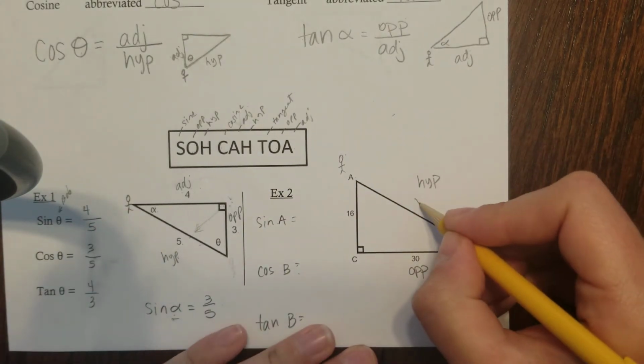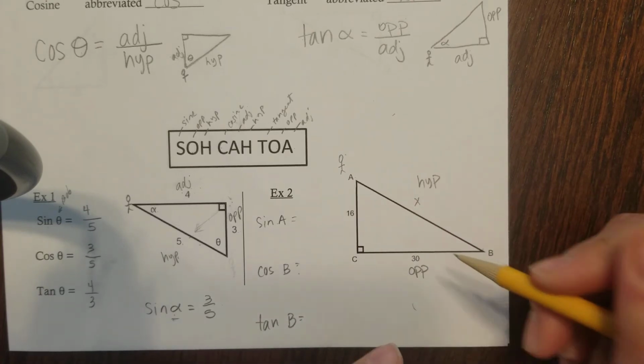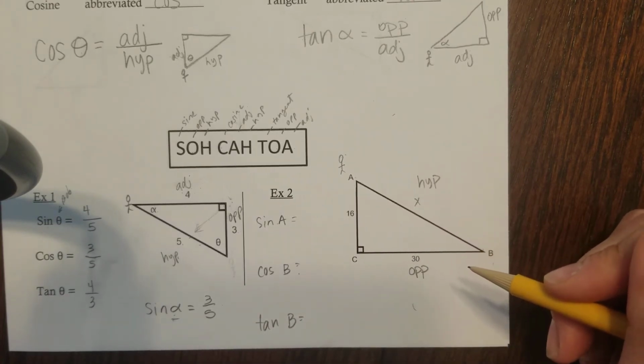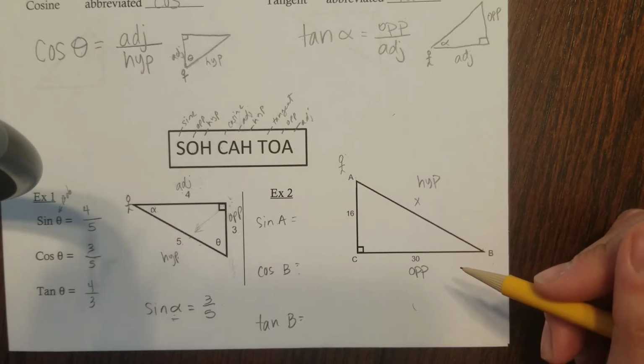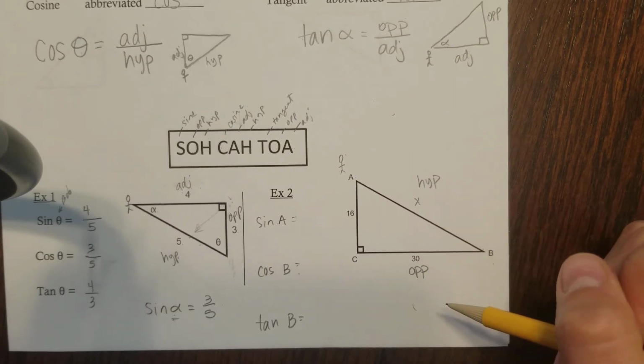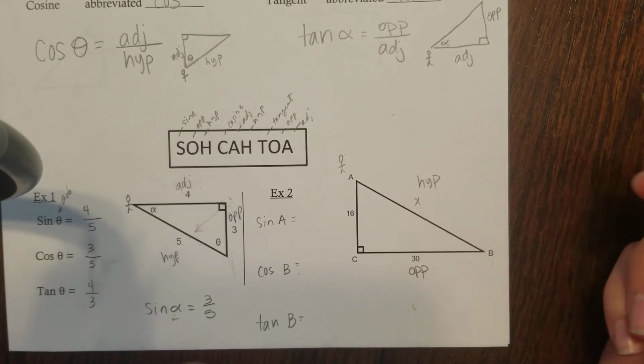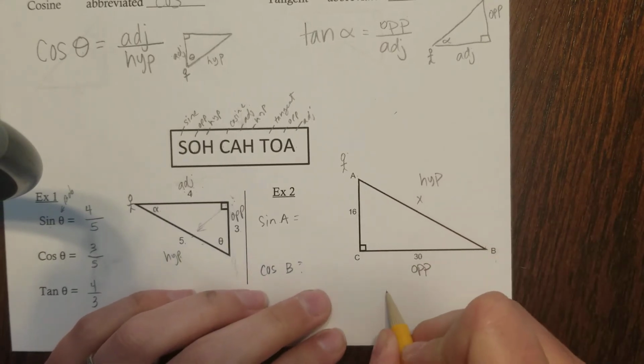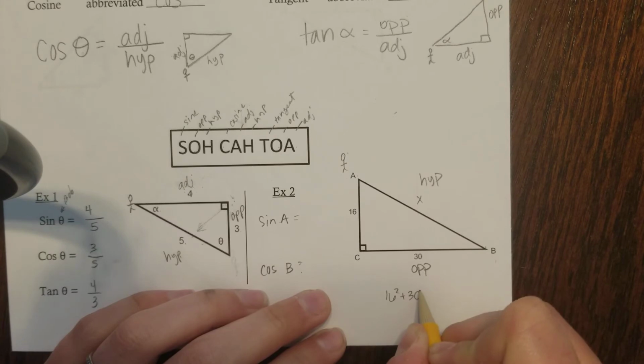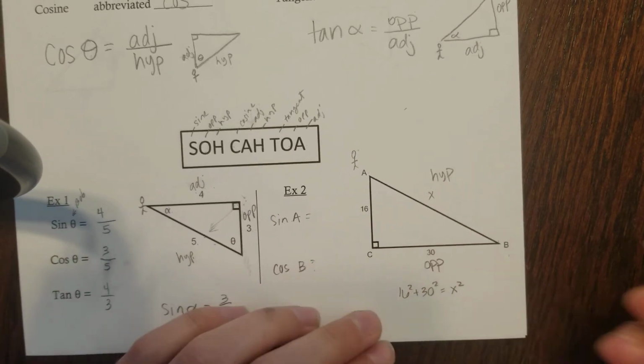Okay, we could put an X here, but if we know two sides of a right triangle, can't we find the third? All right, pause the video, find X. How long is the hypotenuse? All right, so 16 squared plus 30 squared equals x squared.